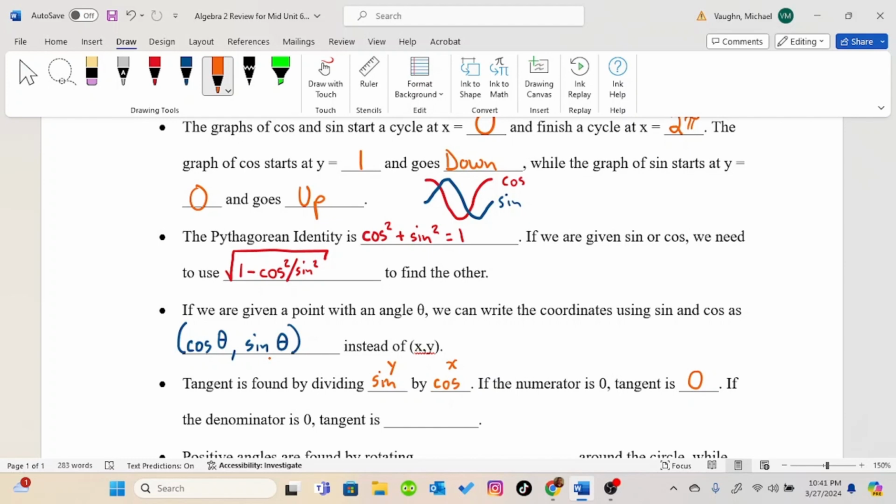If the denominator is 0, the tangent is undefined. It doesn't exist because you cannot divide by 0. So sine can be 0, y can be 0, and you just get a tangent of 0. But cosine cannot be 0, which means your x cannot be 0 because you cannot divide by 0.